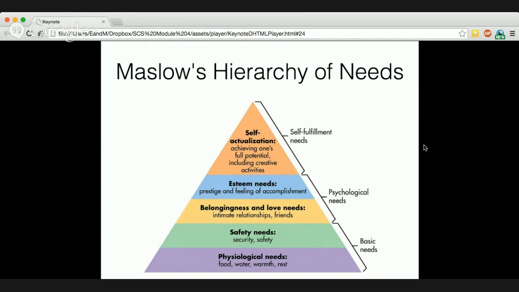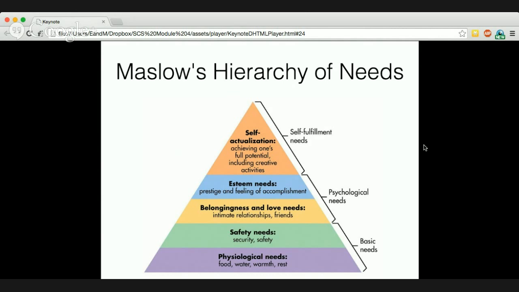So once you feel like you've got food and shelter and safety covered, you start to think about friends and relationships. Then you care more about yourself and your ego and feeling like you have a sense of accomplishment and you've got nice things and you're respected in the community. And then finally, self-actualization, fulfilling your potential, fulfilling your goals, improving yourself.